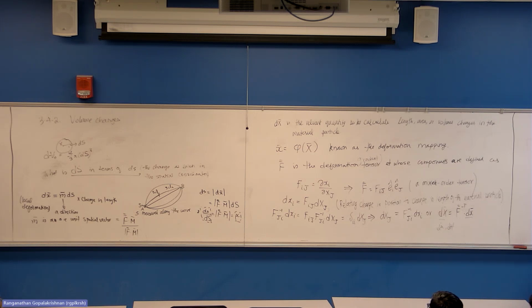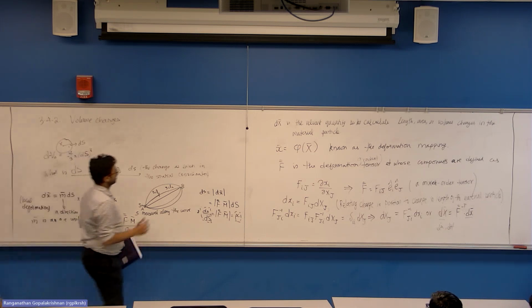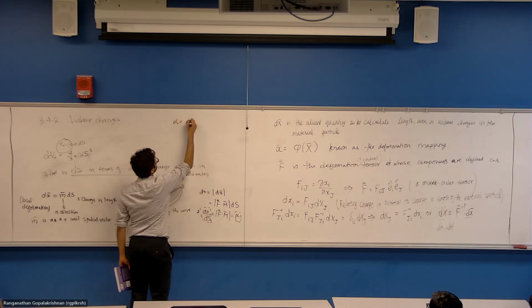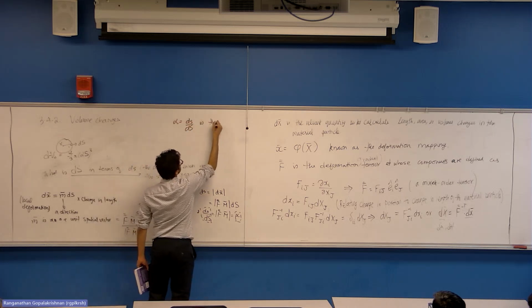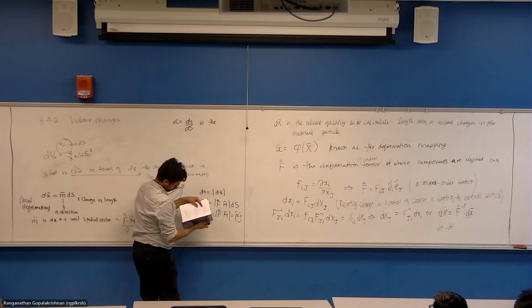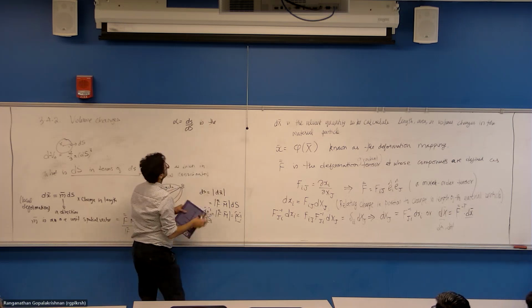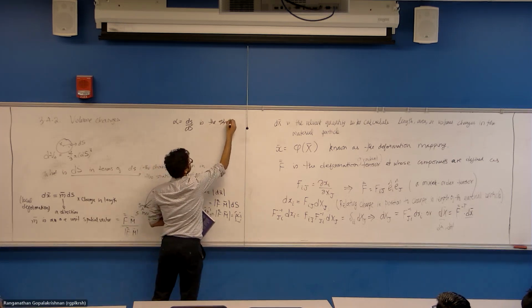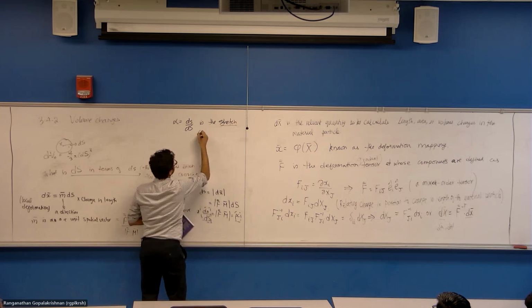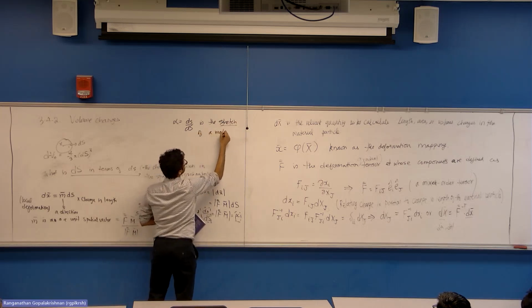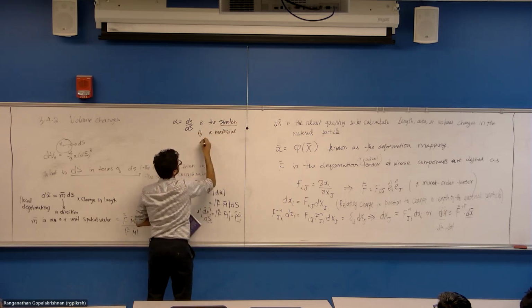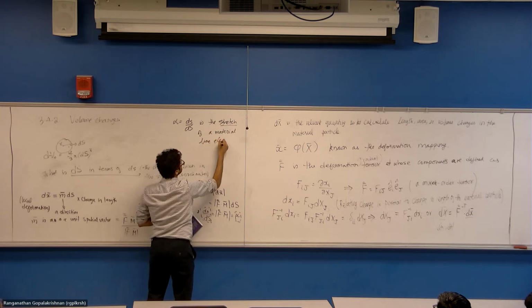So we call this quantity alpha, equal to ds over DS, the stretch of a material line element.